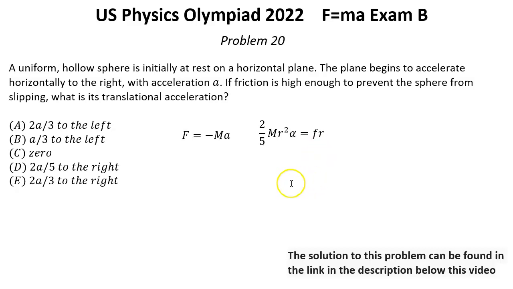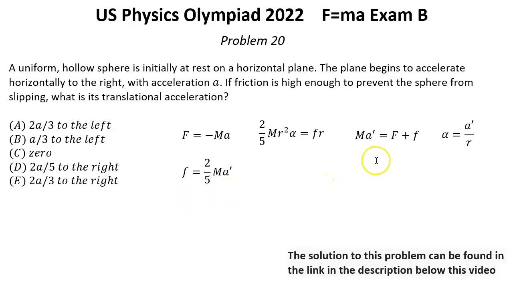So because we don't have any slipping, we have ma prime, where a prime is its acceleration in our new frame of reference, equal to force F, friction's force F, plus force of friction F. On the other hand, because there is no slipping, we have alpha equal a prime over R, which means that from the second equation we have force of friction equal 2/5 ma prime.